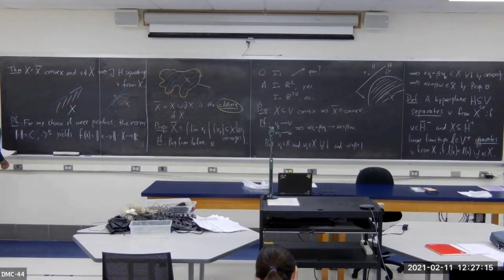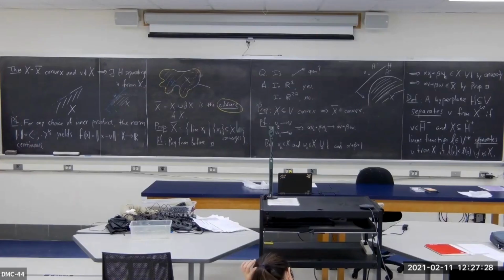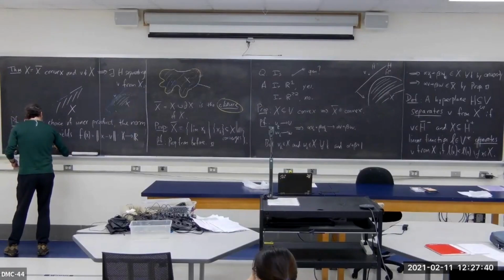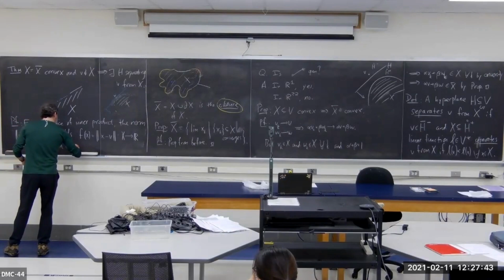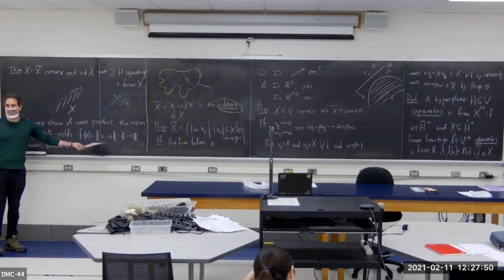I claim it is continuous. That was something we proved explicitly: any norm is continuous in the usual topology, the usual metric. It's continuous. It's bounded below. Why is it bounded below? What's it bounded below by? 0. Yeah, it's the norm of something, so it's automatically at least 0.